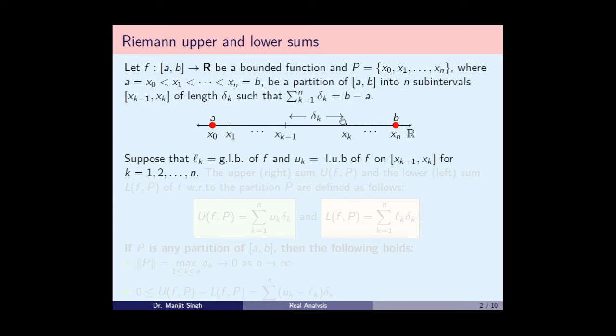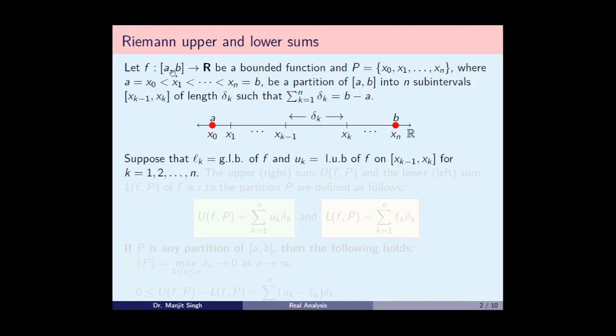One can see that the length of a subinterval is delta 1, delta 2, and delta n, and the sum of the lengths is b minus a, and these points are in a particular order. You can see x0 is less than x1. In this way we can find a partition of this interval AB.